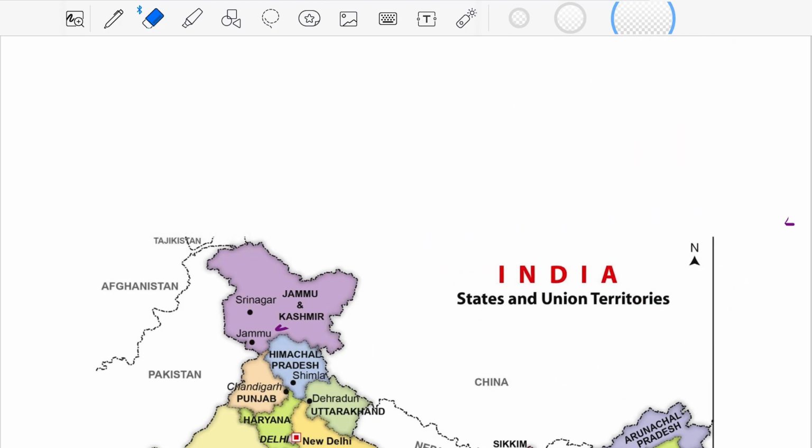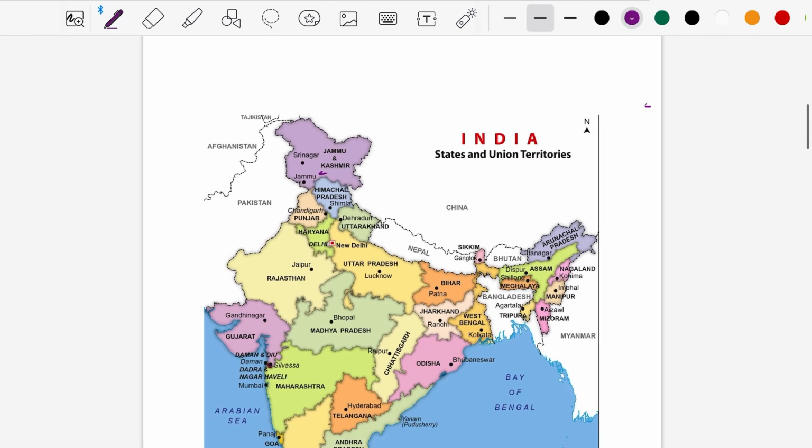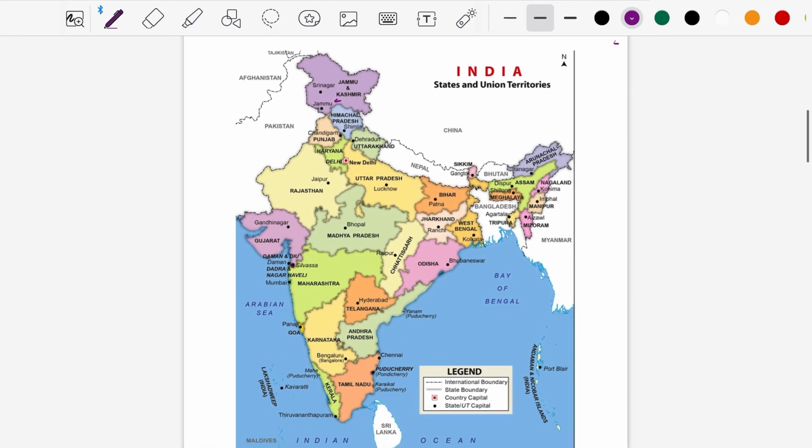Now we are moving to the size and location. First we'll try to understand this is India on the globe. This is the north part of India, that is 37 degree 6 minute north, and this is 8 degree 4 minute north.